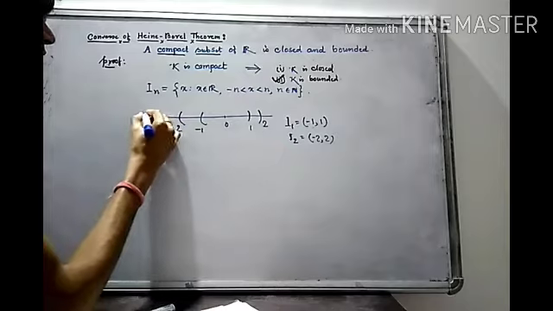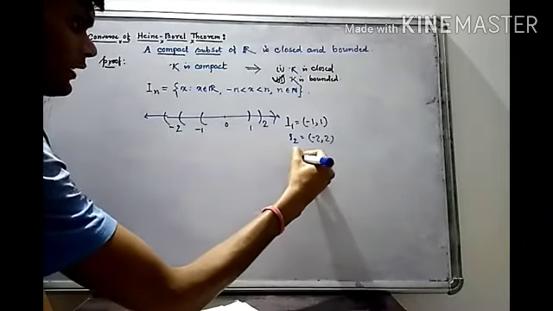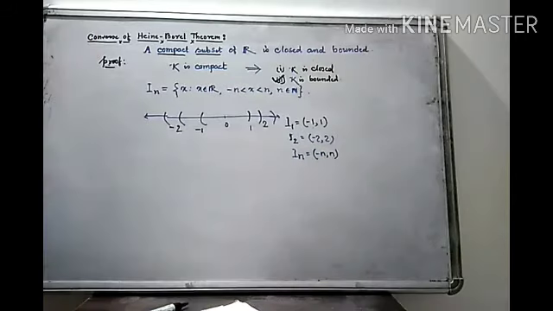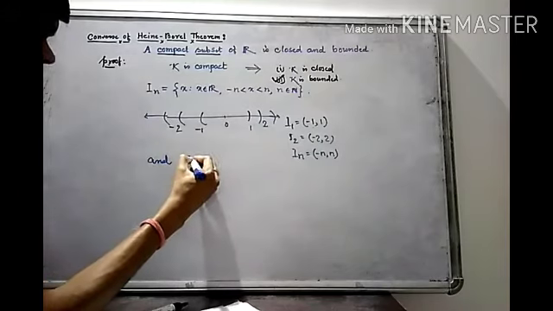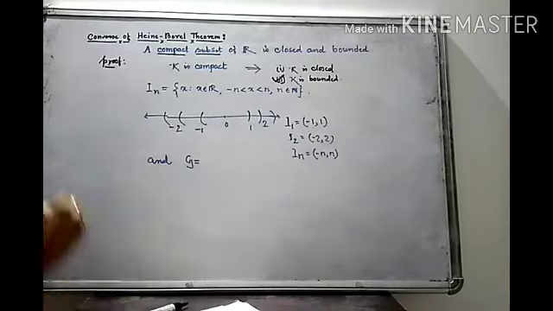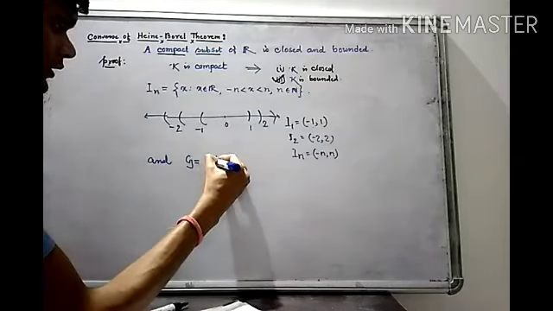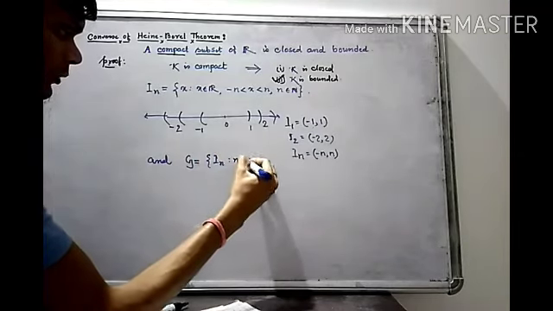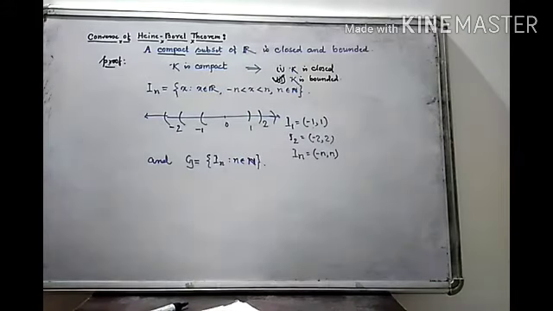Similarly, if we go in this way, then In is the open interval minus n to n. And let script G be the set of all In such that n belongs to the set of natural numbers N.